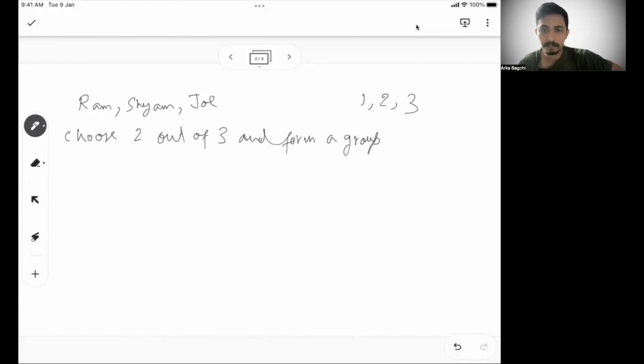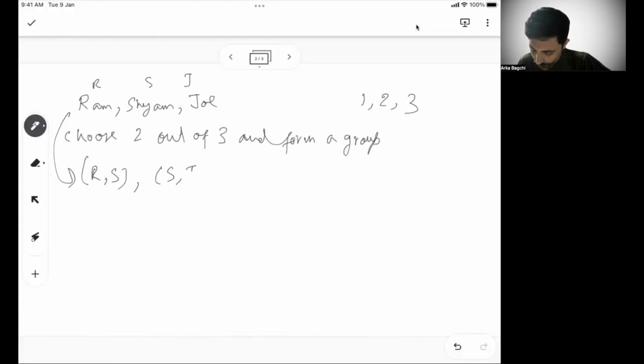How can we do it for Ram, Sham, and Joe? Let's say this is R, S, and J. You can either take Ram and Sham, Sham and Joe together, or Ram and Joe together. These are the 3 possibilities you can make, right?